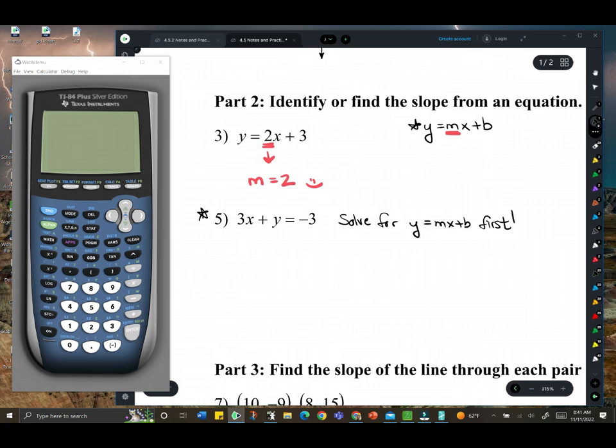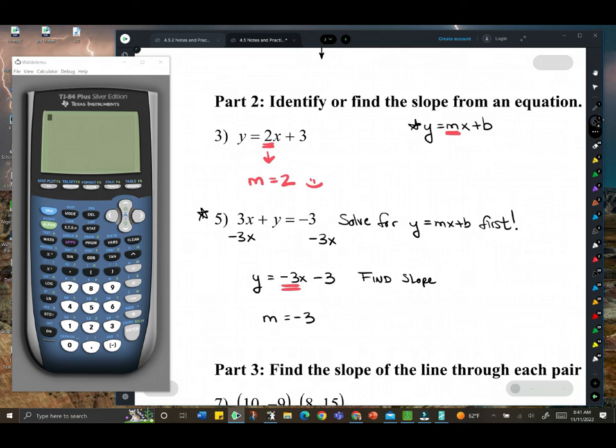Have to do that first, which means we're going to subtract the 3x and subtract the 3x, meaning y is equal to negative 3x minus 3. The slope then can be found by looking at the coefficient in front of the x. So in this case, m equals negative 3.